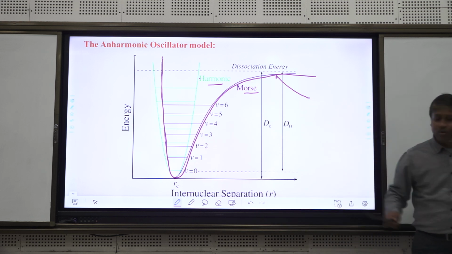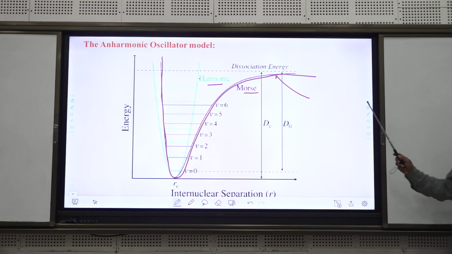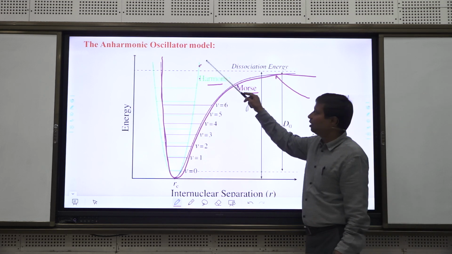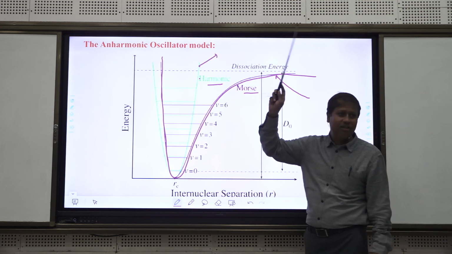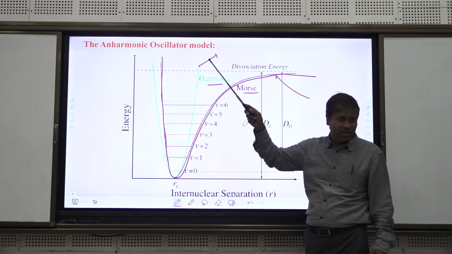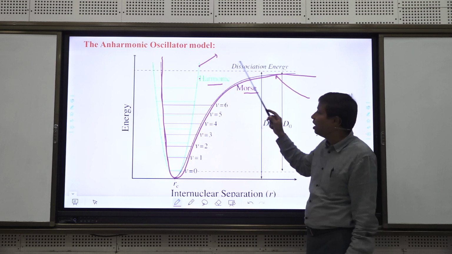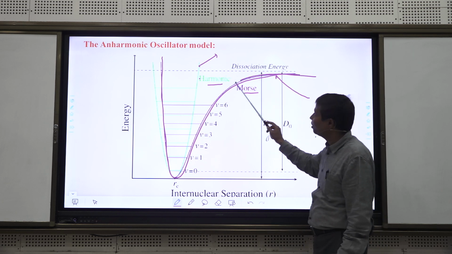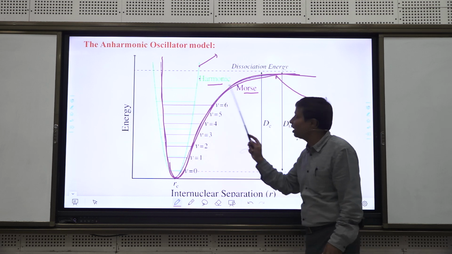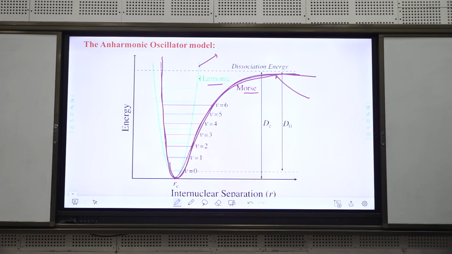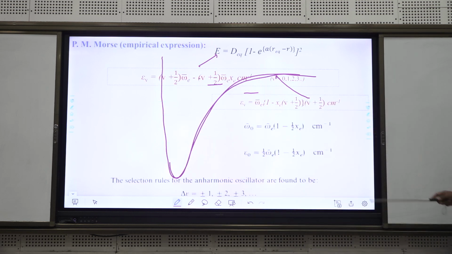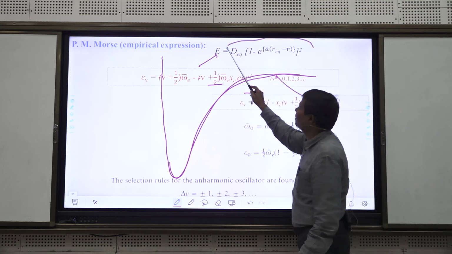Now, your energy expression in the harmonic case considers the spring, the parabolic half kx squared, but this one must be different, and Morse gave an empirical equation, and this is that energy equation.